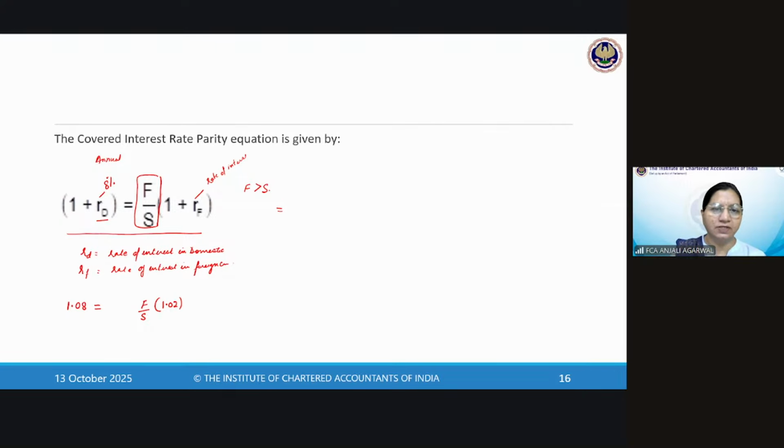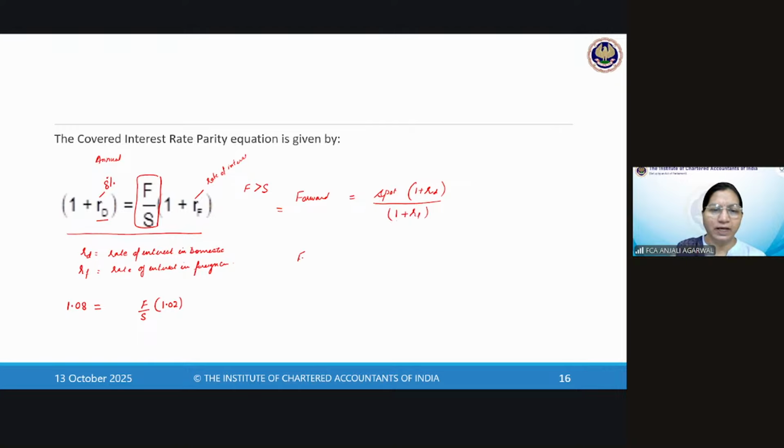Looking at this equation, we can also calculate the forward rate from here. So the forward rate will be equal to spot rate multiplied by 1 plus rate of interest in domestic currency divided by 1 plus rate of interest in foreign currency.